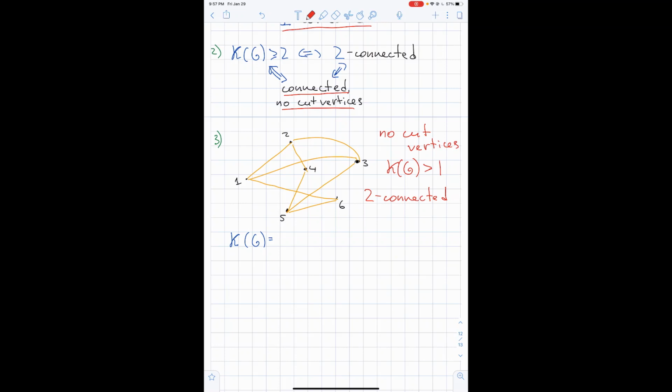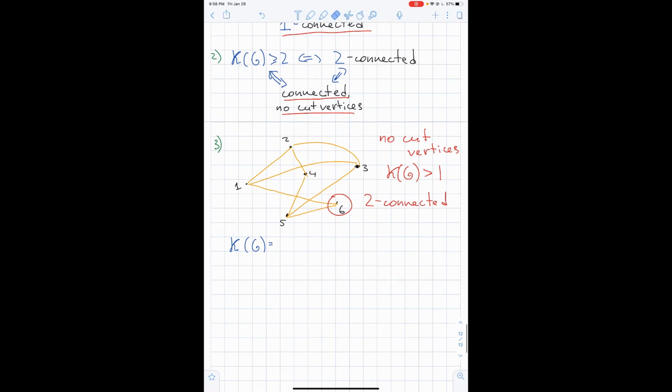So for example, vertex 6 has just 2 neighbors, so it has degree 2. Yeah, degree, not order. So only 2 neighbors. So if we remove them, the graph will become disconnected, because the vertex 6 is not going to be connected to anything anymore. So this is a disconnected graph, because 6 now is not connected to anything.